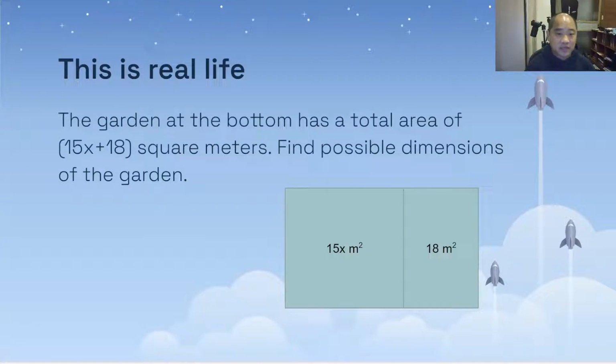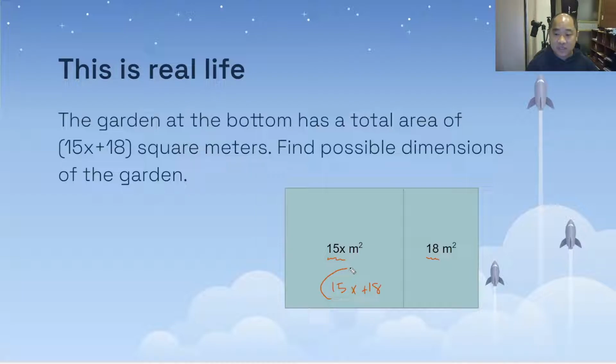Okay. So here is a real life situation. Let's say that we have this garden, and the garden has two pieces sitting next to each other. One has an area of 15x and one has an area of 18. So if we add these two areas together, we get 15x plus 18, right?